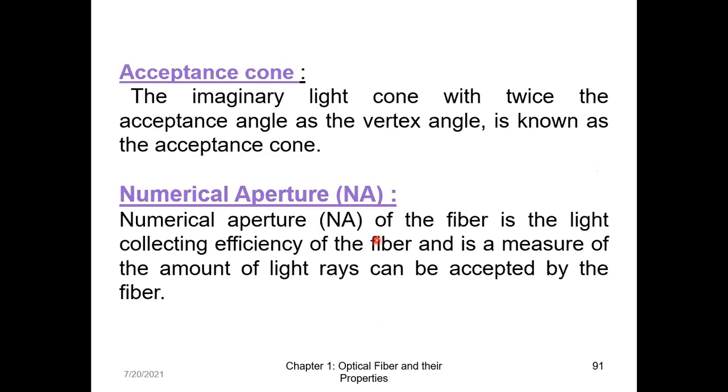Okay, so the definitions, you know what is an acceptance cone. The imaginary light cone with twice the acceptance angle as the vertex angle is known as the acceptance cone. And numerical aperture is the light gathering efficiency of the fiber. It measures the amount of light rays that can be accepted by the fiber.